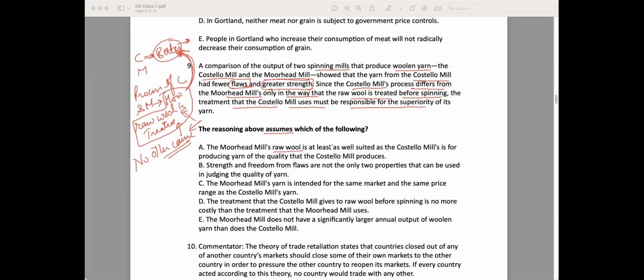Moorhead Mill's raw wool is at least as well suited as the Castello Mill's raw wool is for producing yarn of the quality that the Castello Mill produces. This is the assumption which says the raw wool is as suited. It says the other possible cause is not present.